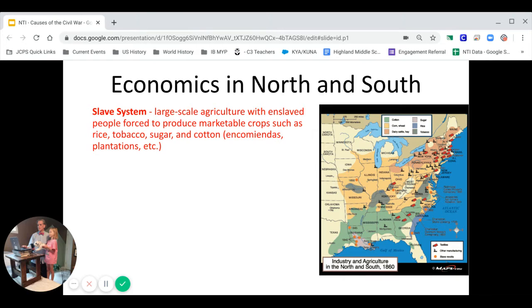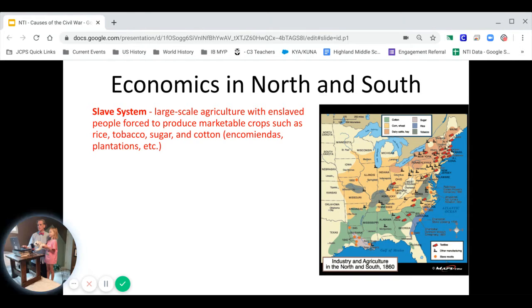So the slave system, which I'm going to claim is the cause and the only cause of the Civil War, is large-scale agriculture. And they use enslaved people, and these people are forced to produce marketable crops, including rice, tobacco, sugar, cotton. We have looked at in the past the encomienda system when the Spanish came over.